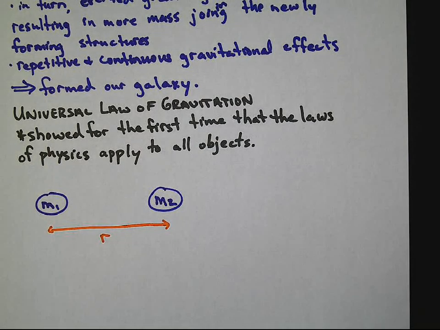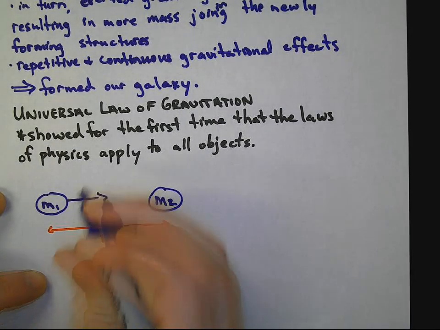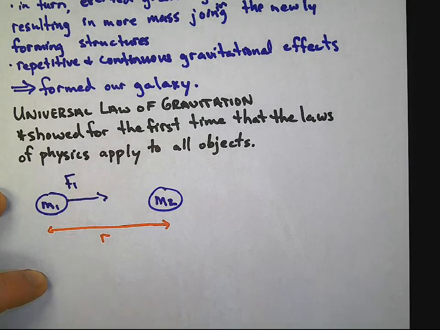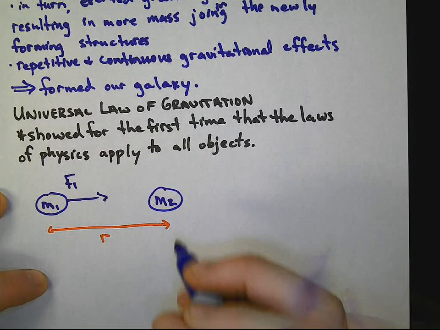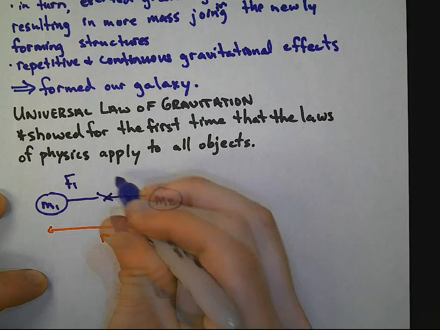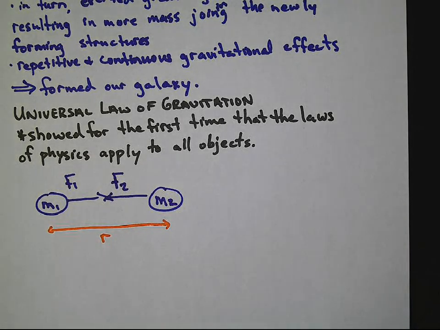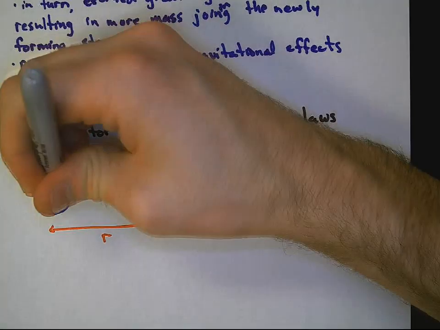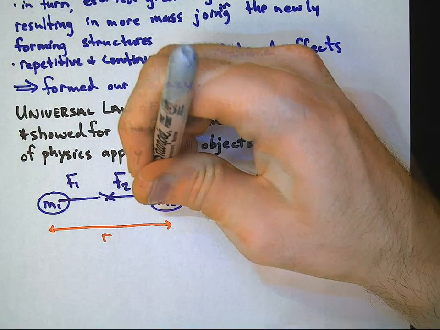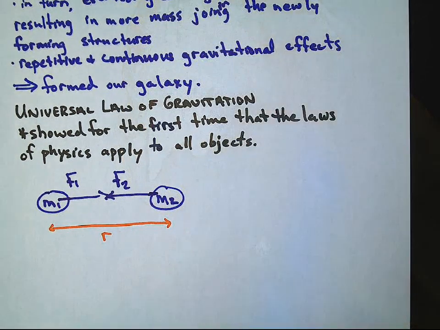What this tells us is that there is an attractive force on mass 1, let's call it F1, and that is due to the second mass, M2, which has an attractive force as well. So an attractive force on M1 is due to the second mass, and it points from the center of mass 1 towards the center of mass 2, and there is this force of gravitation between the two objects.